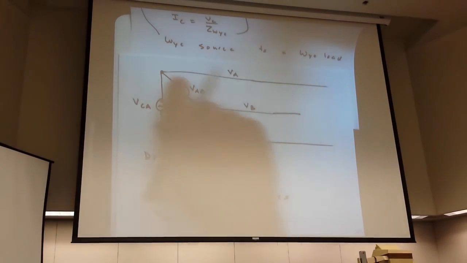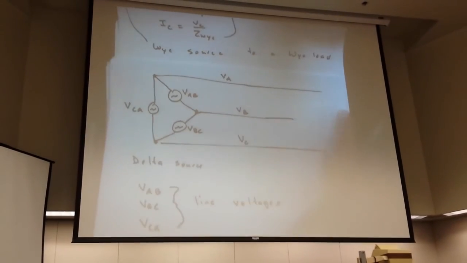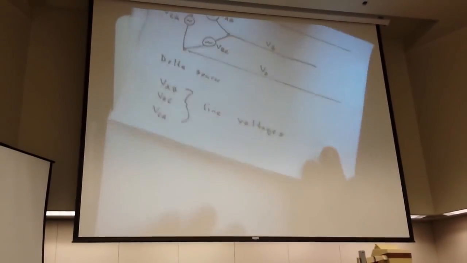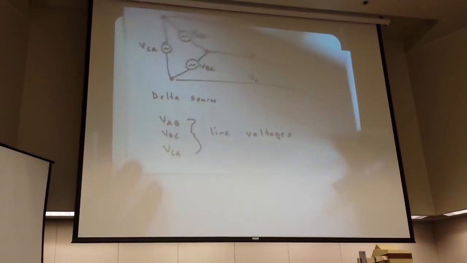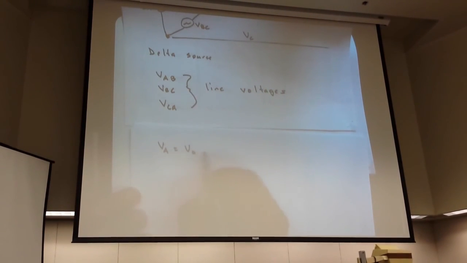Now, there's a relationship between VA, VB, and VC. And we'll leave off the source for a moment. So just to reiterate, remember VA was V naught, angle 0. VB was V naught, angle minus 120. And VC was V naught, angle plus 120. Well, we can go to the imaginary real plane.